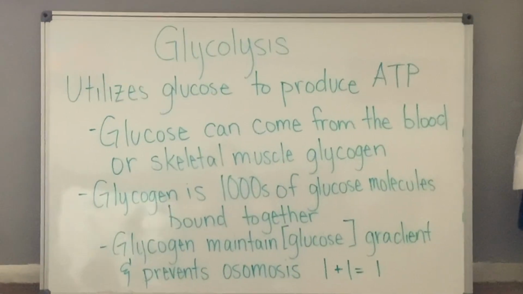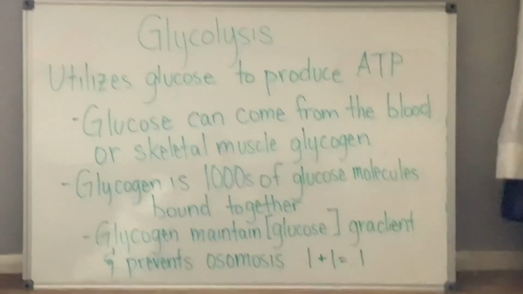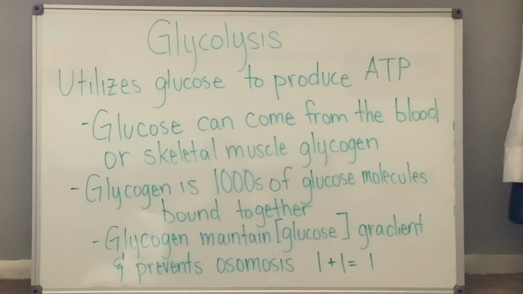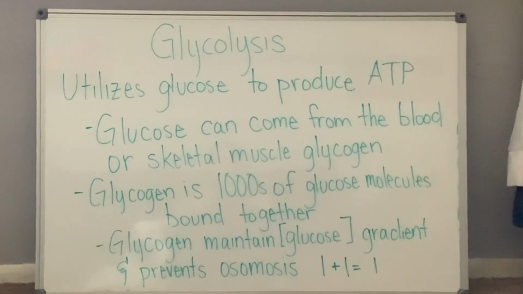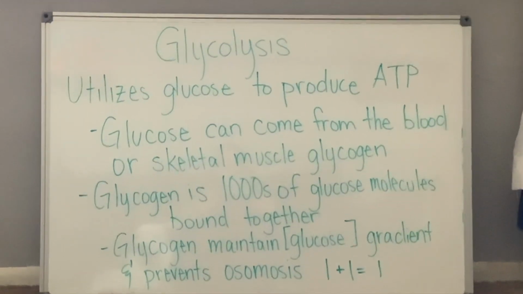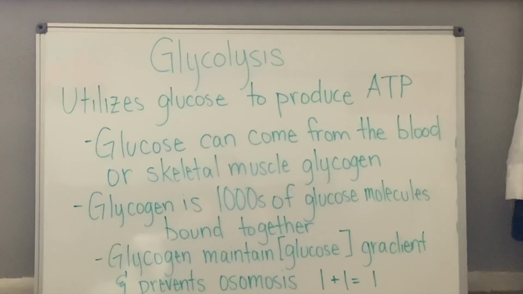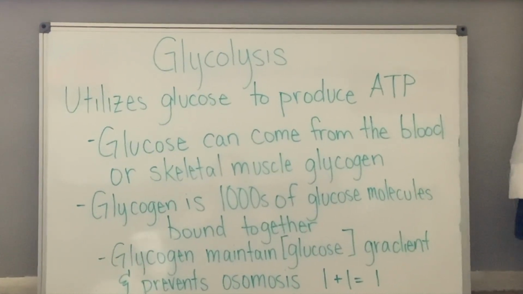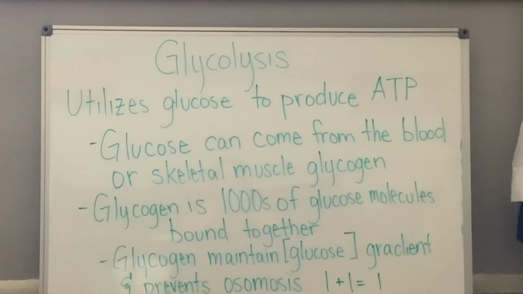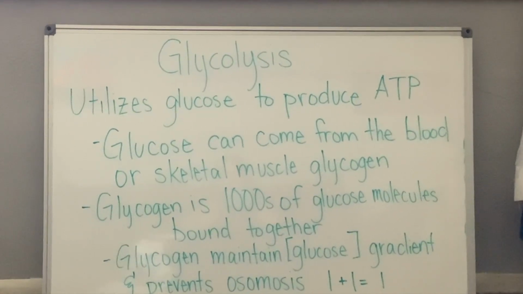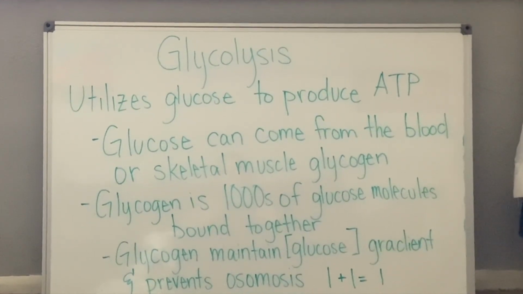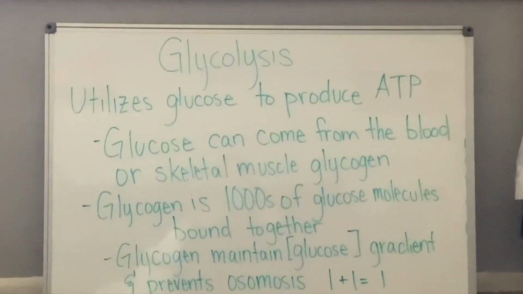If the skeletal muscle stored glucose, it may result in skeletal muscle having more glucose inside the skeletal muscle than in the bloodstream. This would result in passive transport of glucose out of the skeletal muscle into the bloodstream, or require active transport to get glucose into the skeletal muscle.